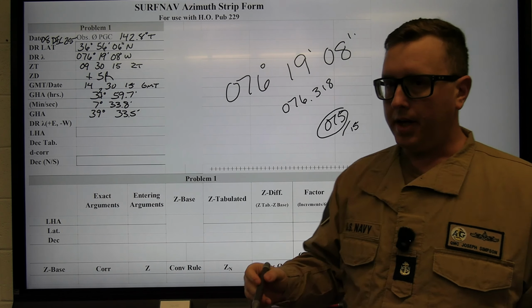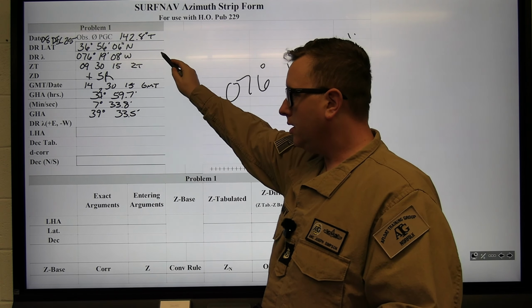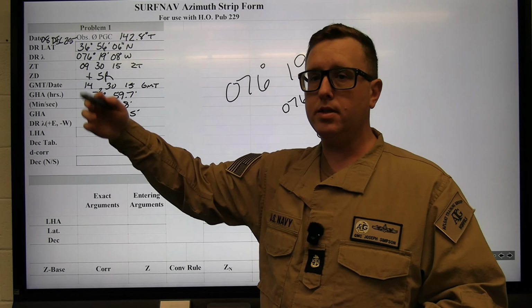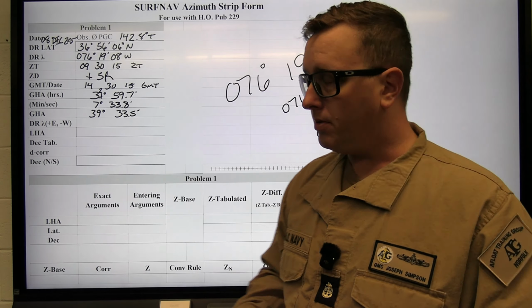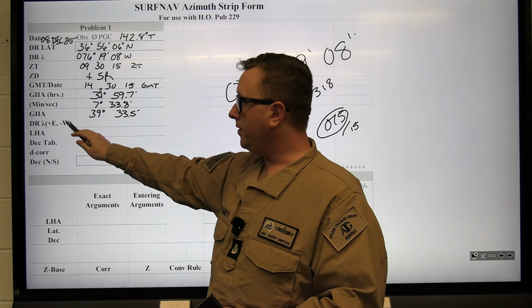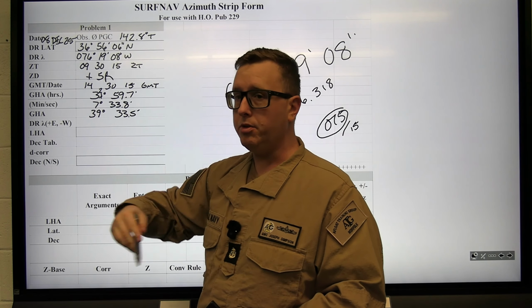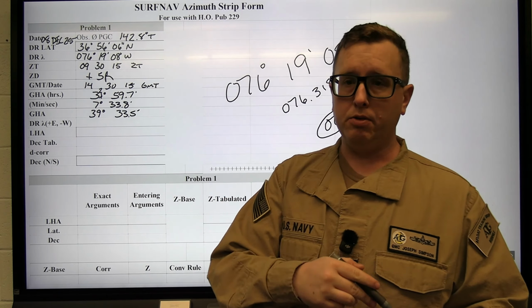To find LHA, we're going to take our longitude, and we're either going to add it to or subtract it from the GHA. If you're in the Western longitude, the Western Hemisphere, you will subtract. It even tells you on the strip form. If you're Eastern longitude, you would add it. If you get a negative number, you would add 360.